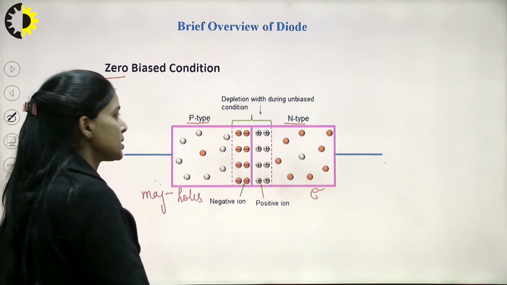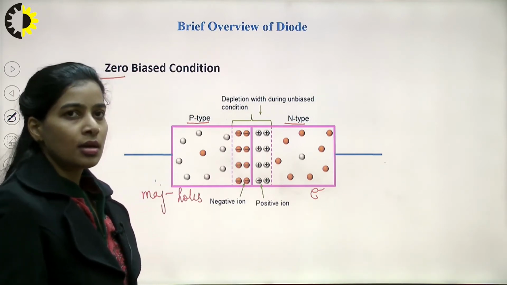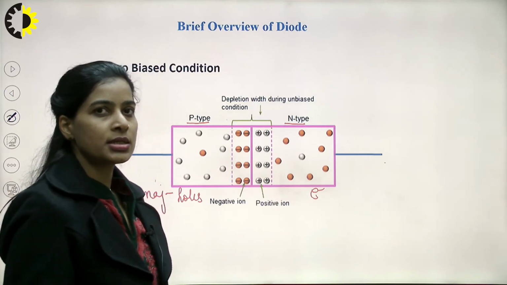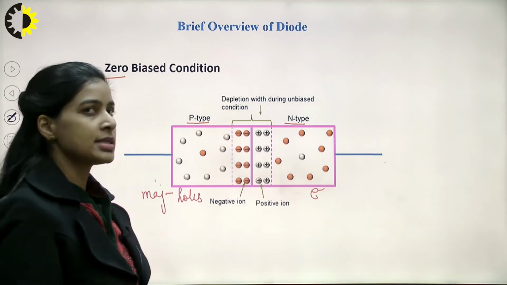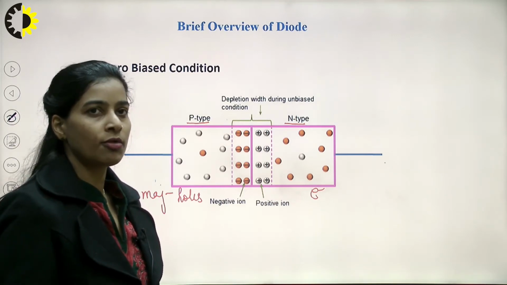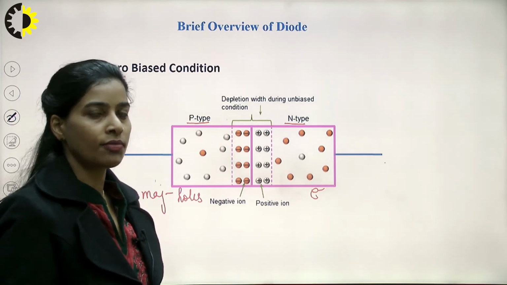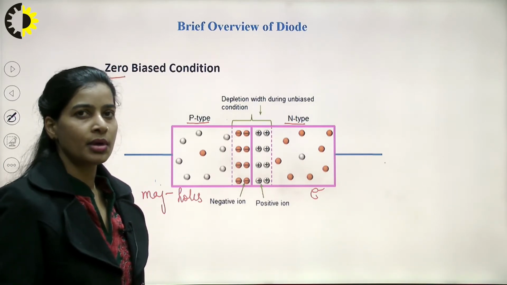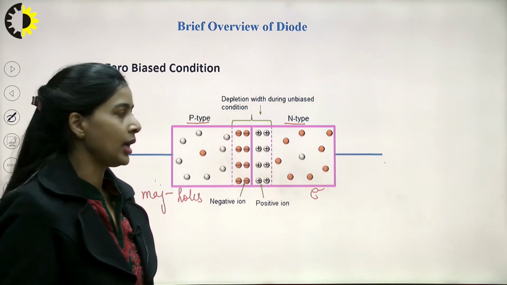So what happens when there is a concentration gradient in the charge carriers? On the P side we have more holes and fewer electrons, and on the N side we have fewer holes as compared to electrons.